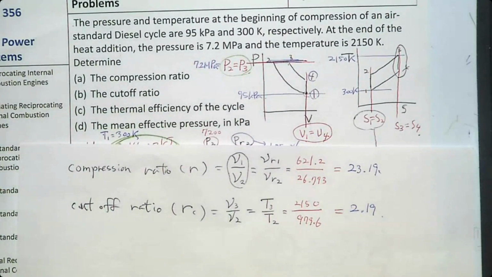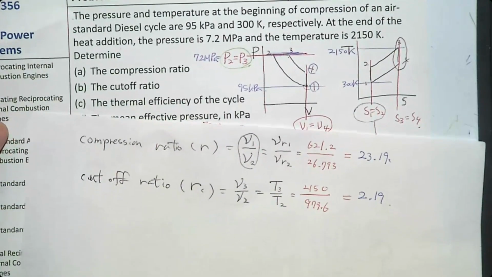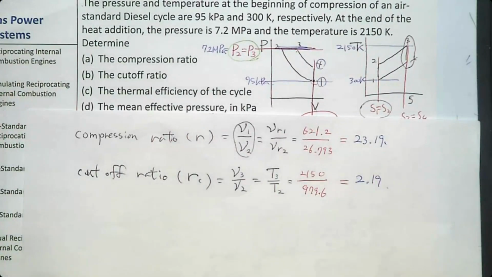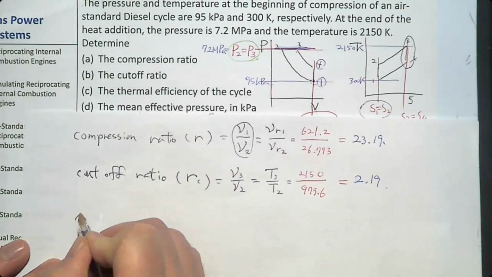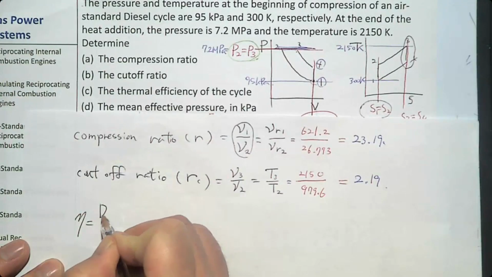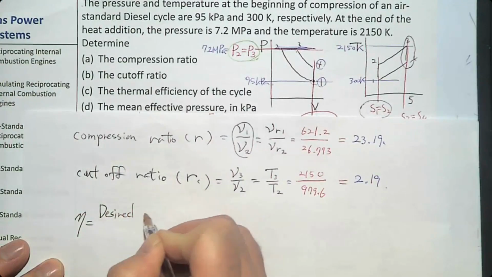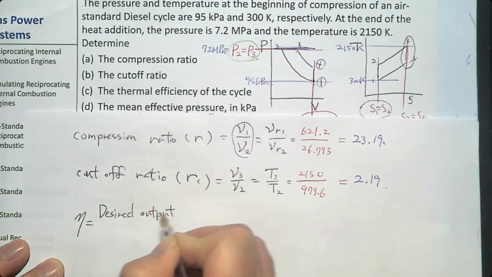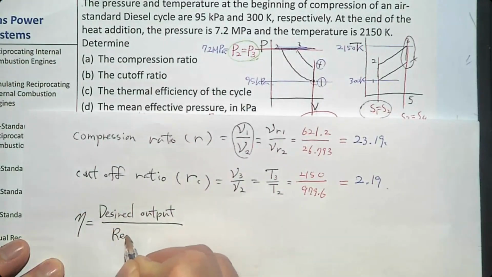And the next problem is the thermal efficiency of the cycle. The thermal efficiency of the cycle can be determined by desired output over required input.